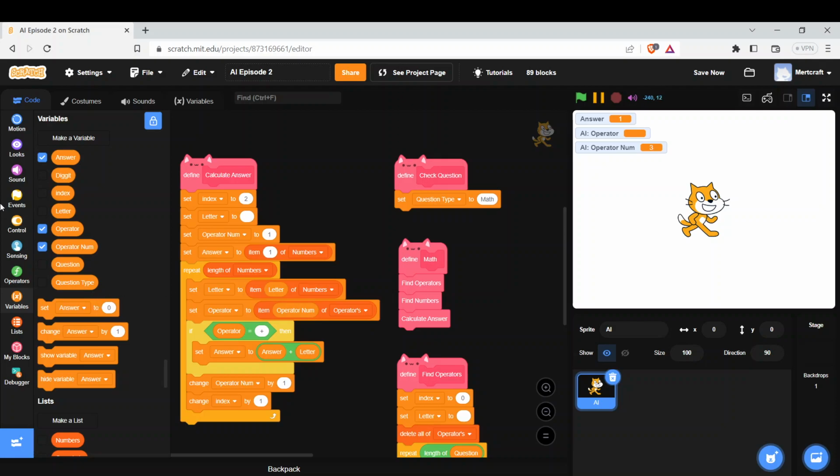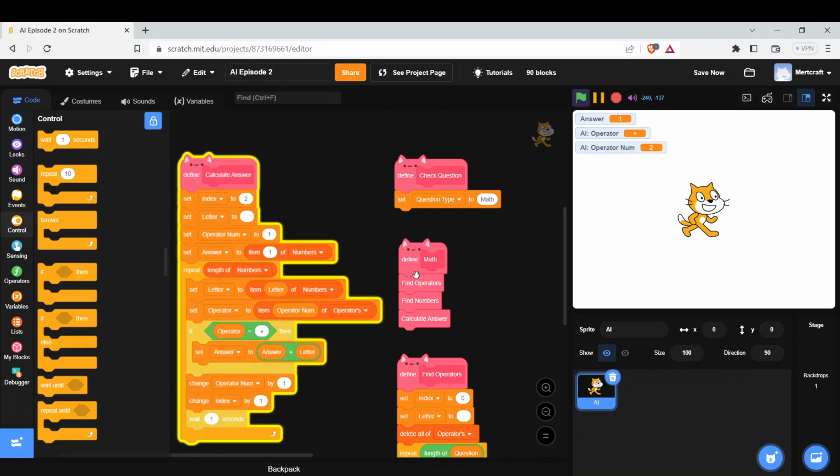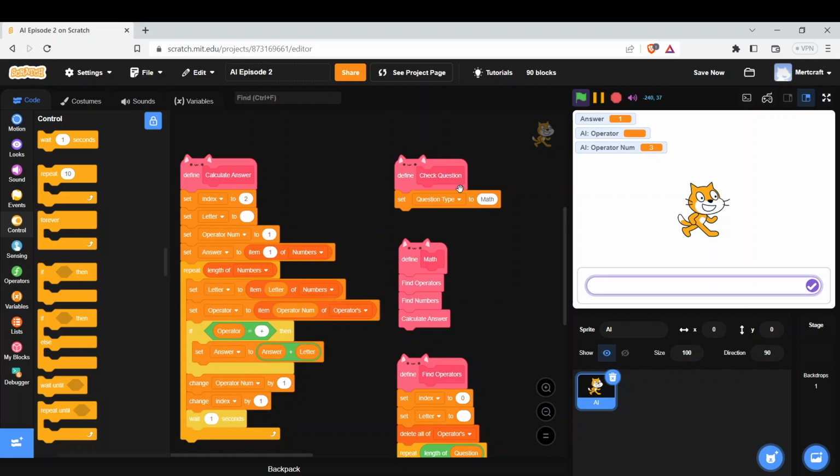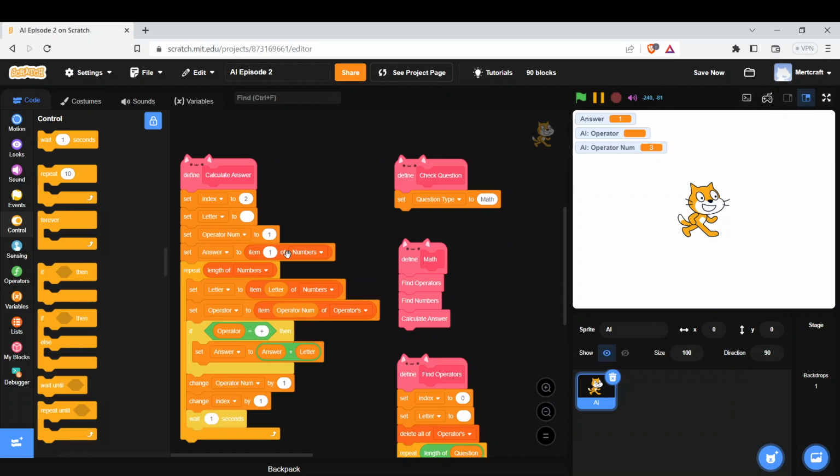Guys, I don't know, but let's just put a wait 1 second and let's look what's wrong. 1 plus 1 plus 1. The operator sets to. Oh, guys, I know. Because we did length of numbers, and when the operator number changed to 2, yep.